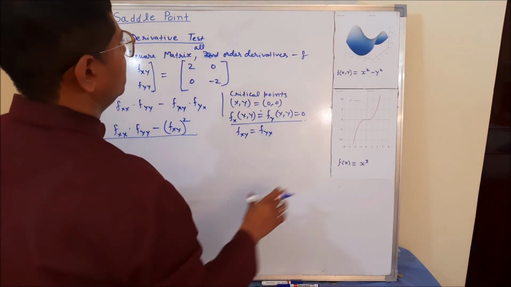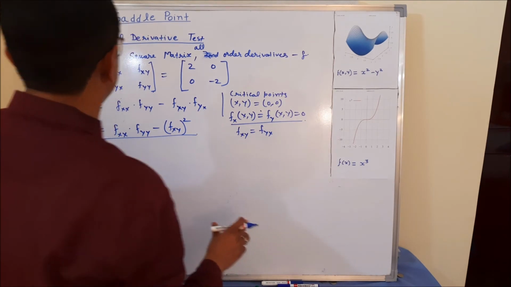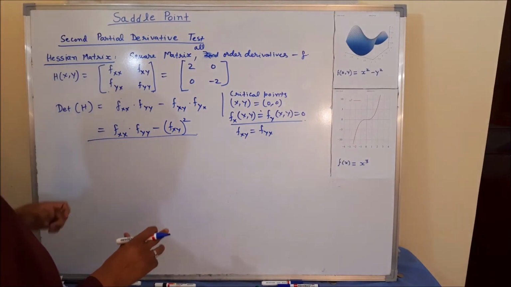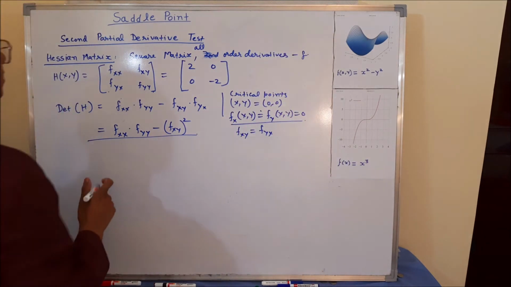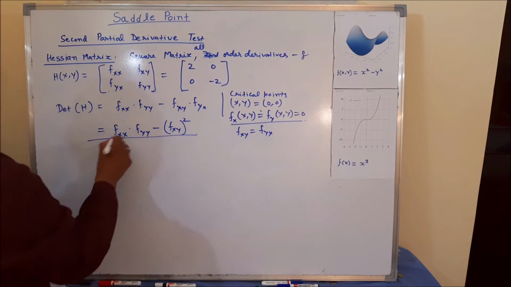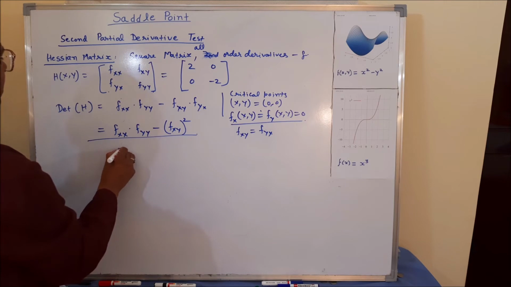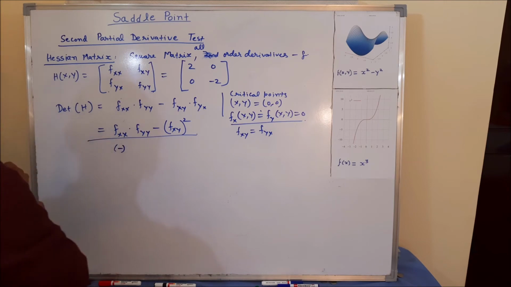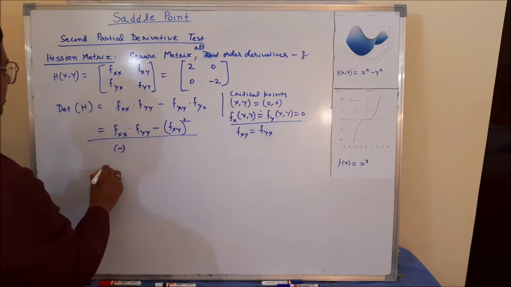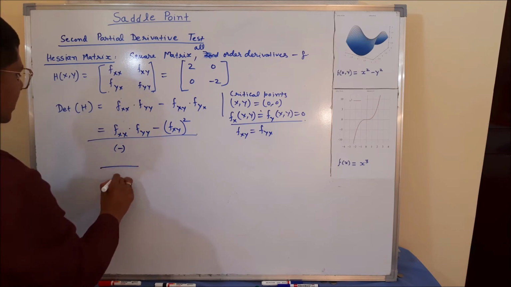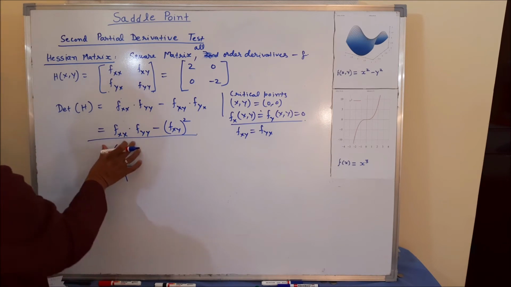Now this is the very important equation which gives the characteristics of local minima or maxima, because we generally use the Hessian matrix for that purpose, and to identify the existence of a saddle point. So if fxx is negative, then it will result in a negative concavity with respect to the x-axis.